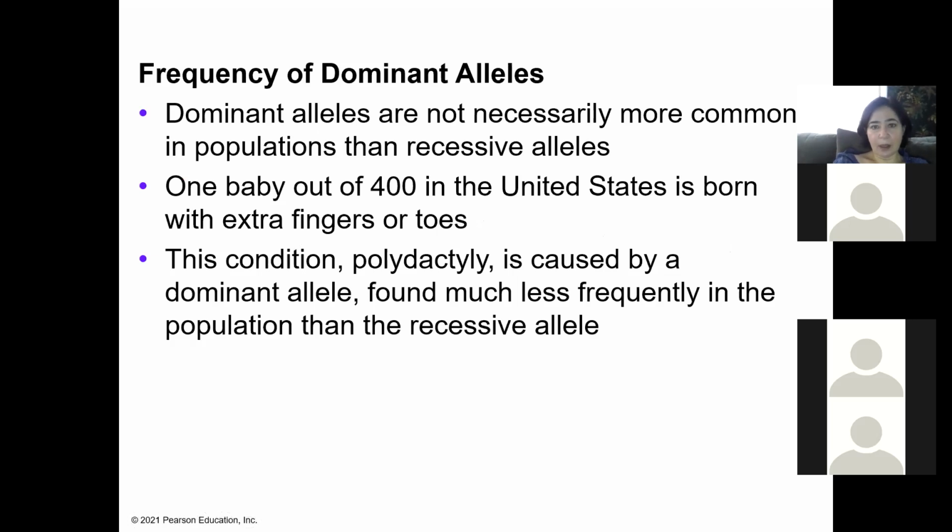And the frequency of dominant alleles really depends, okay? Polydactyly is a condition when there are extra fingers or extra toes, right? It's a dominantly inherited condition, but even though it's dominantly inherited, it's extremely rare because of the frequency of the allele, right?